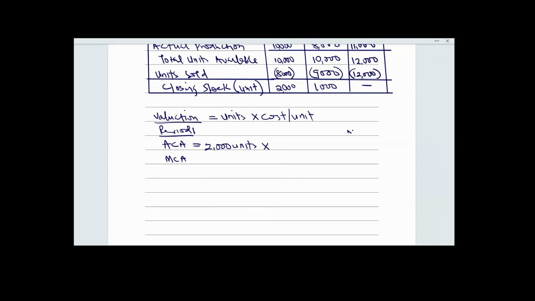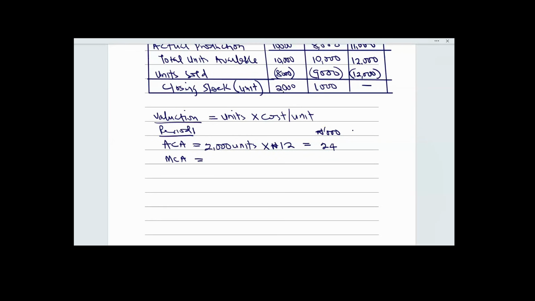Which is 12 naira. Therefore, 2,000 multiplied by 12, that's 24,000. So under ACA, in period 1, our closing stock is equal to 24,000.